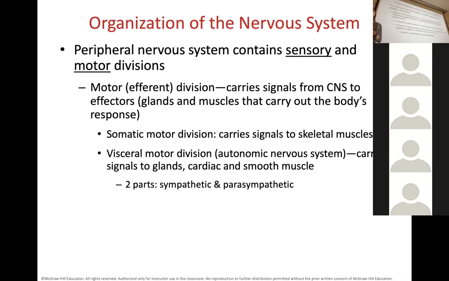All right, so within the motor division, within that aspect of the nervous system that is sending messages out to internal organs and glands, I want to talk a little bit really briefly right now about the sympathetic and parasympathetic parts of that. We'll get into a lot more detail in a future chapter on sympathetic and parasympathetic divisions.